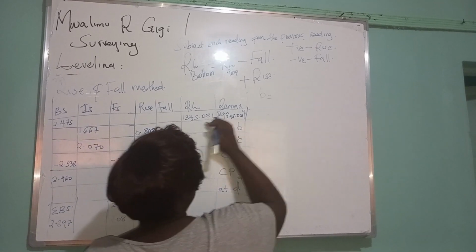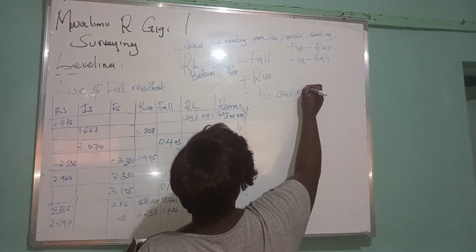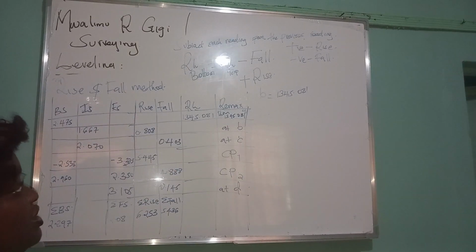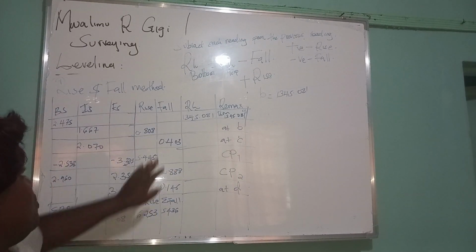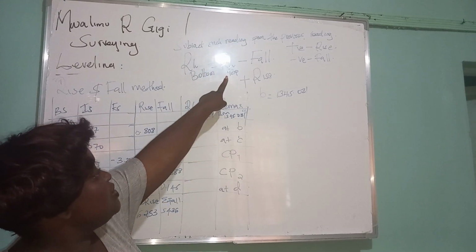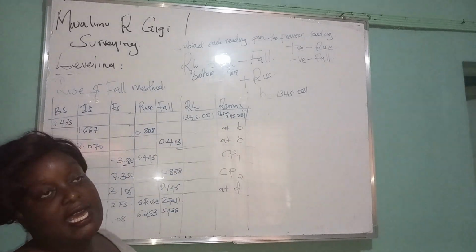The reduced level at the top is 1345.081, and we have a rise of 0.08. We have said that the reduced level at the bottom equals the reduced level at the top plus rise or minus fall.